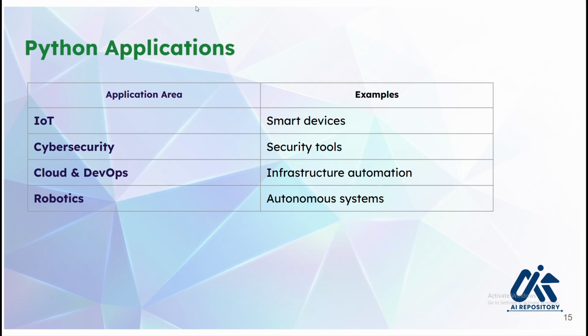Robotics uses Python. How? Because robotics uses many other domains. For example, it uses computer vision, which comes under AI, to make the robot visualize or see things. There you use Python. For reinforcement learning, which is used to train the robots, there also you can use Python.